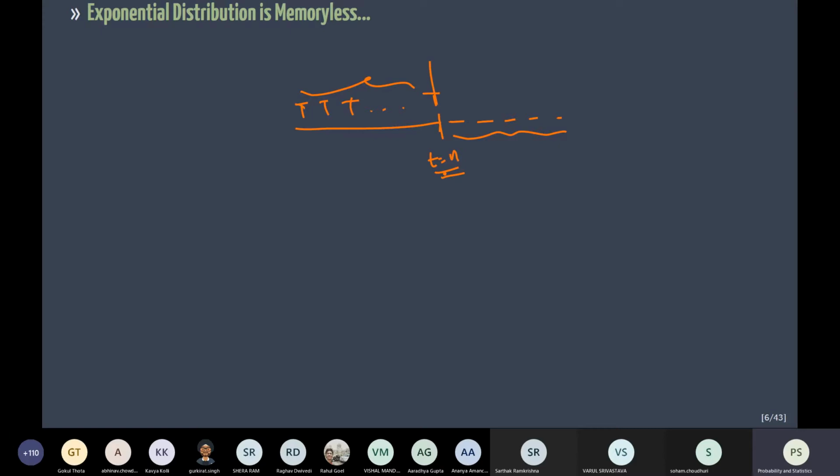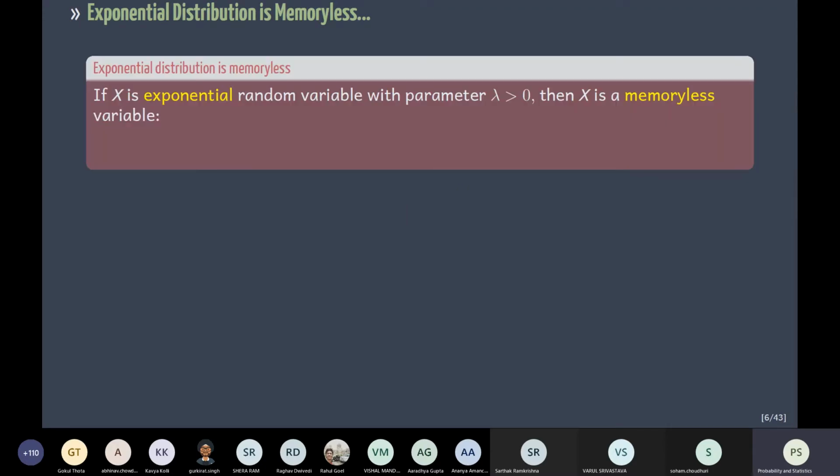Okay, so exponential is memoryless. So we can explicitly write what we mean by memoryless. So X is an exponential random variable with lambda greater than 0, and X is a memoryless variable if we have this.